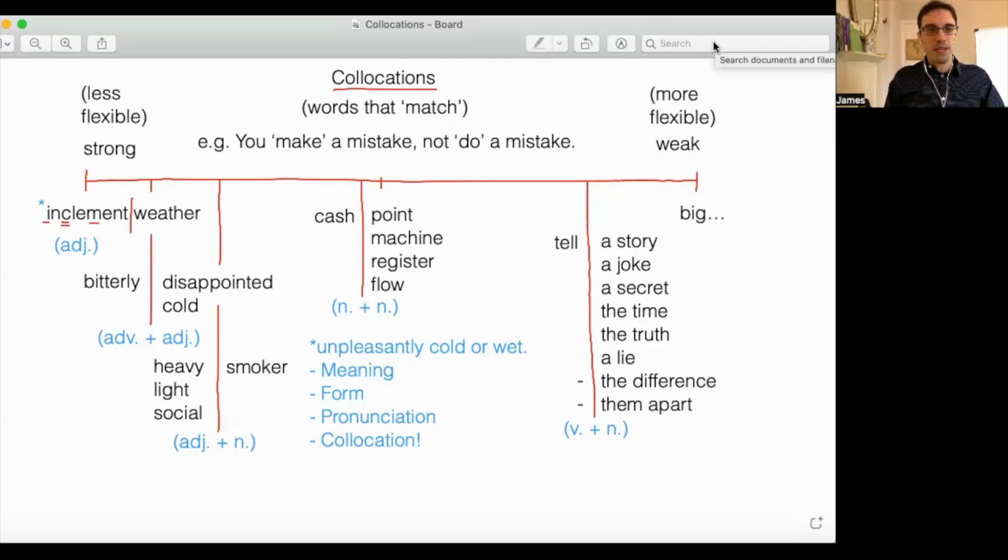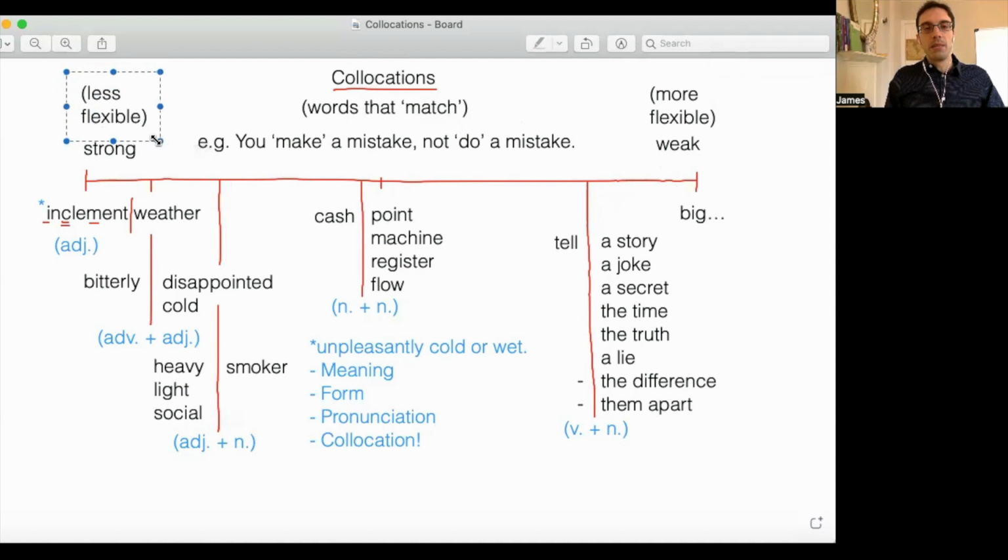Okay, so this screen might look a little bit confusing at first glance, but don't worry, we're going to break it down now. So when we talk about collocations, we usually talk about them being on a spectrum. Now, this is a spectrum just here. It has a middle point and then a left-hand side and a right-hand side. Now, on the extreme left-hand side, you've got words that are less flexible.